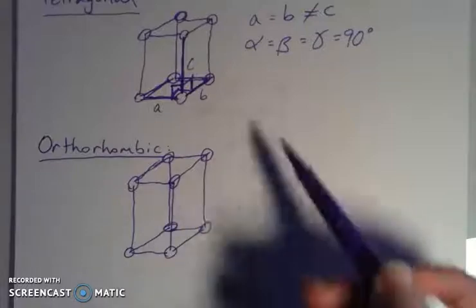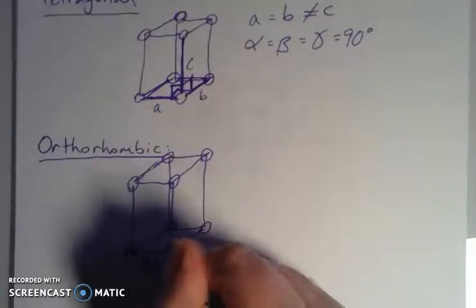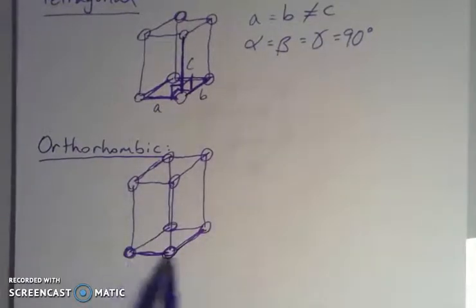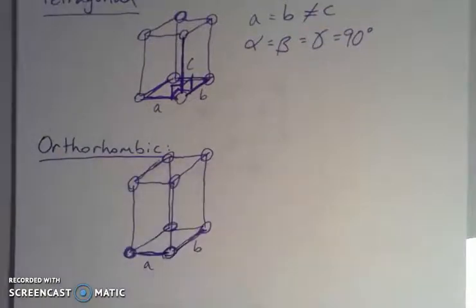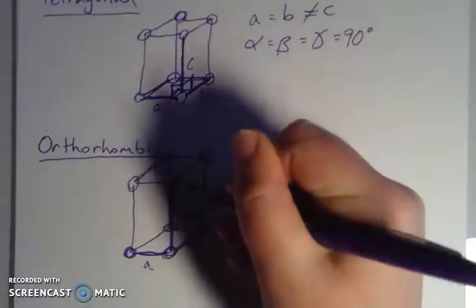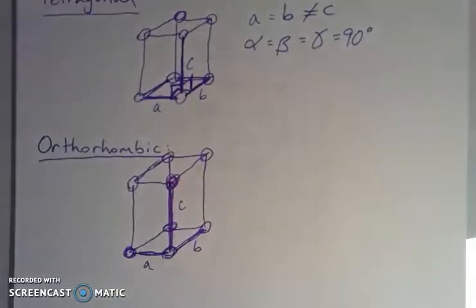So orthorhombic is, and again, my limitation of my art skills here, if we look at the base of this thing, hopefully you can see that these are 2 different lengths. So my A and my B are different from each other. And then you can see that this tall one here, my C, is also a different length than the other 2.